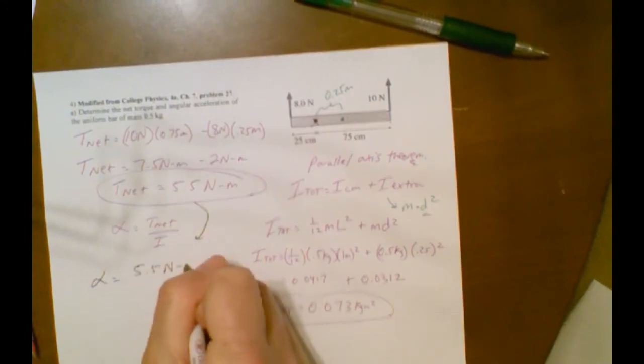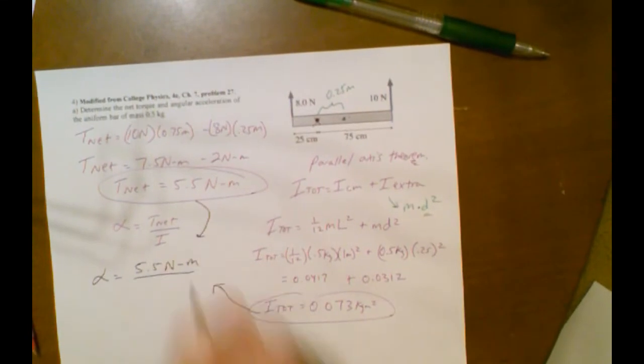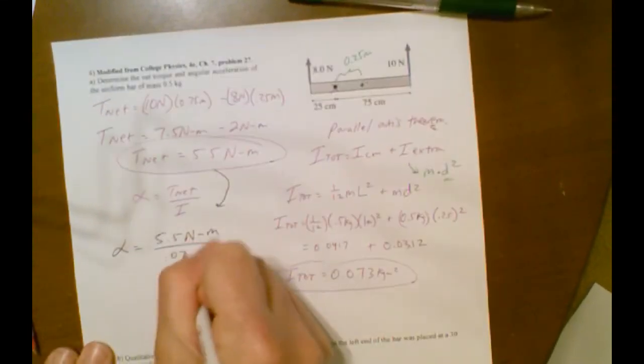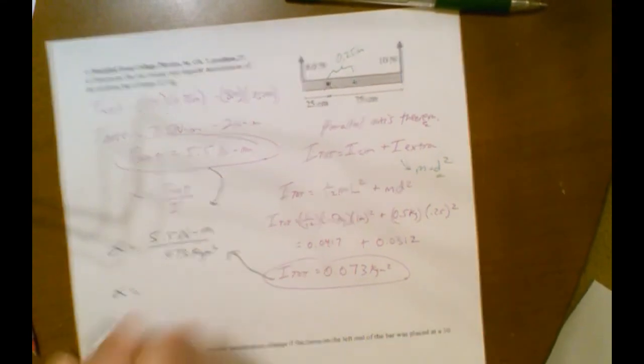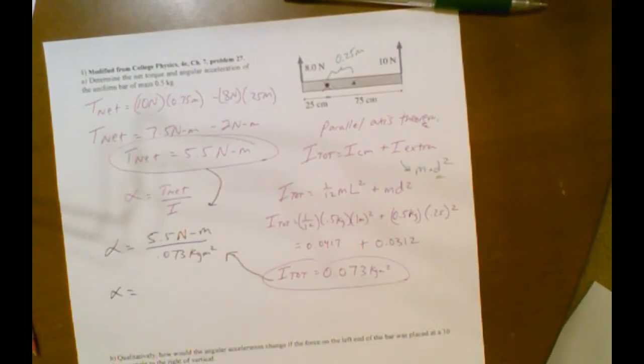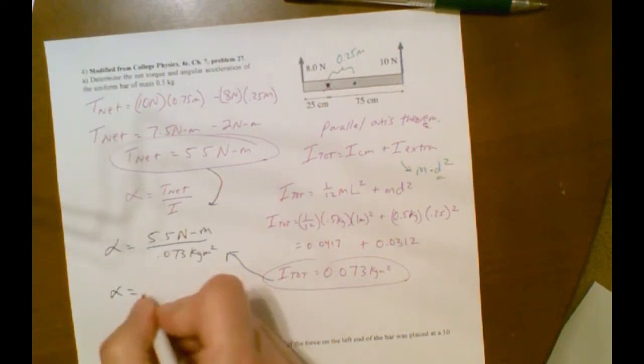5.5 Newton meters divided by 0.073 kilogram meters squared. It's going to be a fairly high number, actually. Yeah, 75.4 radians per second squared.